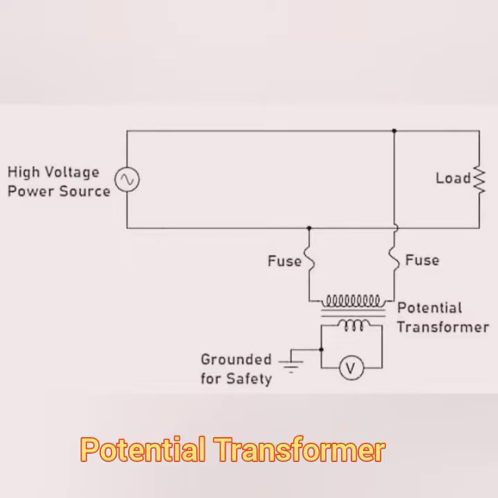It just steps down the higher level voltage into a measurable level, which can be used in your measuring units like voltmeters or multifunction meters. And for protection purposes also, these voltage transformers are used.